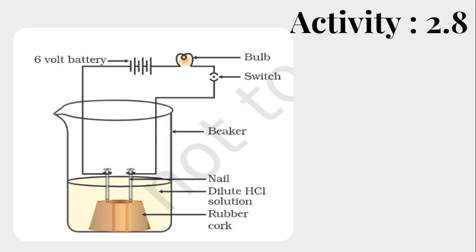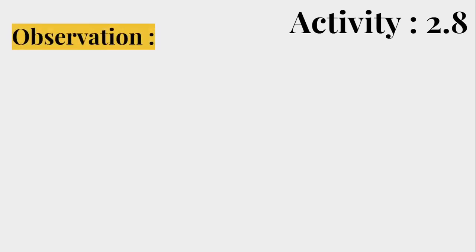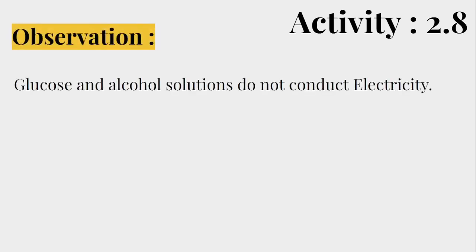Now, what do you observe in this dilute HCl solution? Let us see the observation of this activity. Glucose and alcohol solutions do not conduct electricity, because the bulb will start glowing in the case of acids as shown in that figure, but you will observe that glucose and alcohol solutions do not conduct electricity.